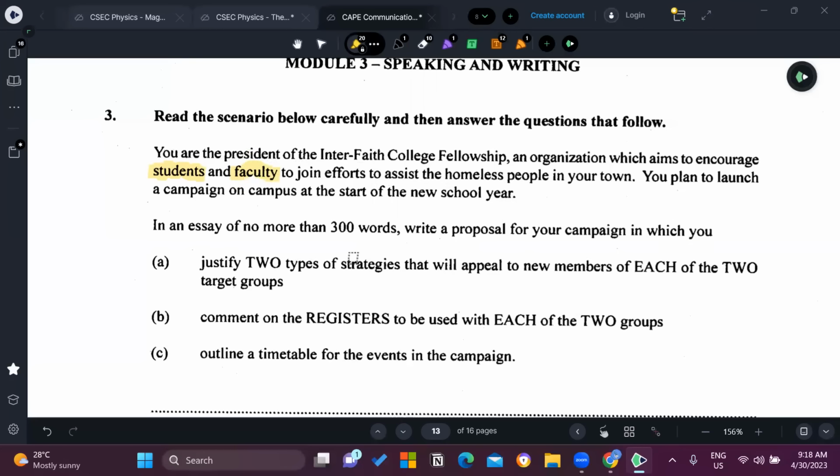Now it's time for you to choose 2 types of strategies that will appeal to the new members. Now, if you're not seasoned in communication studies, you'll think that appeal means, how should I say this, what they would gravitate to most?